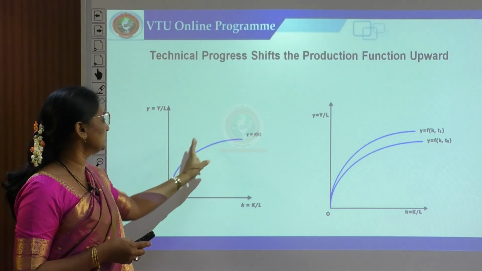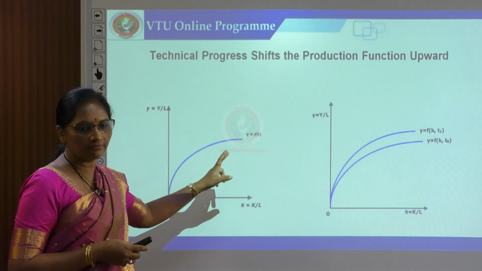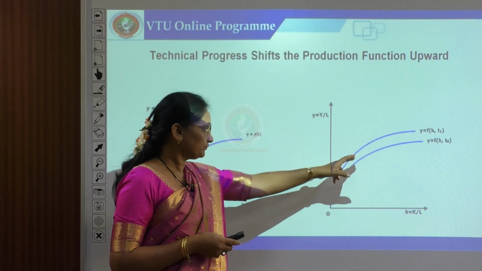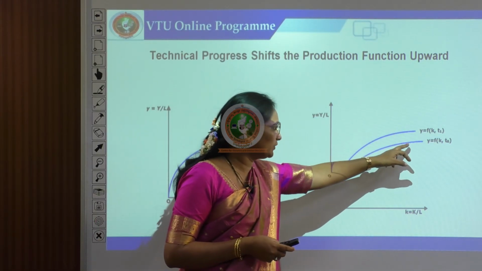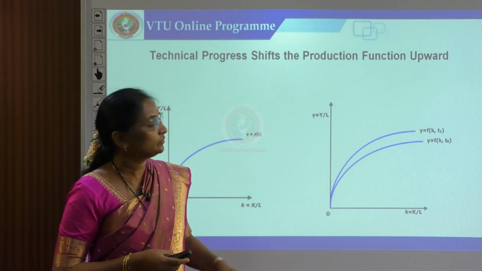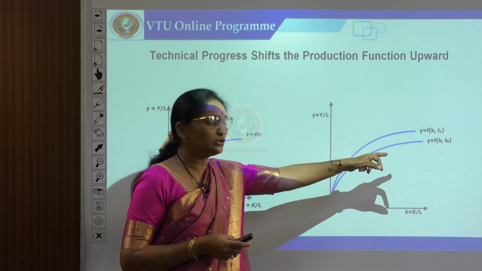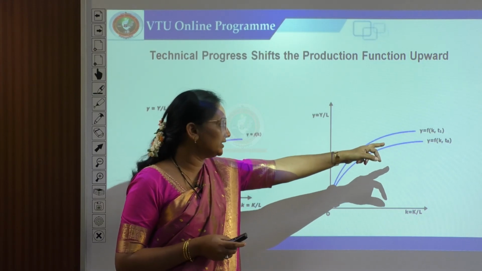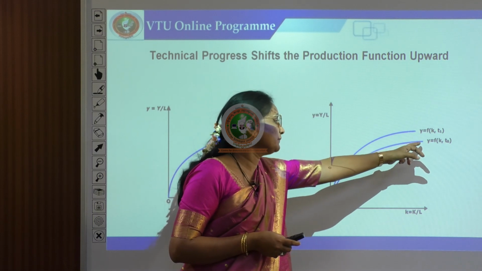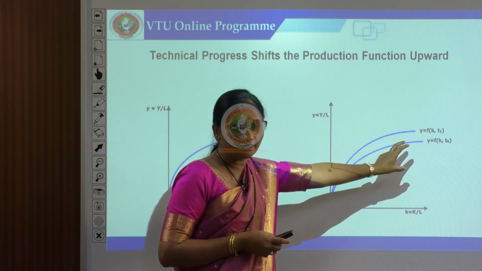The production curve moves like this. In this graph you can understand: without technological progression, y is equal to a function of k and t0, that is, capital and time. So output depends on this without technological progress.